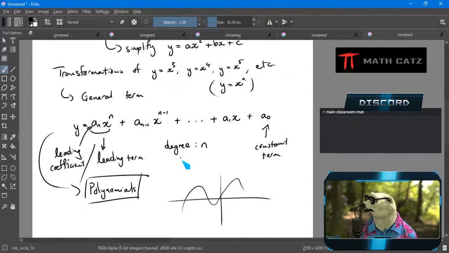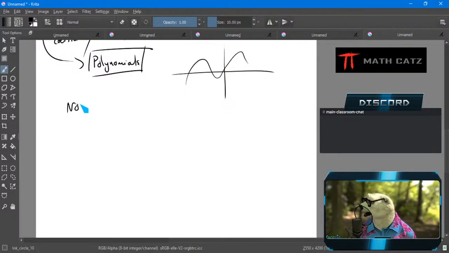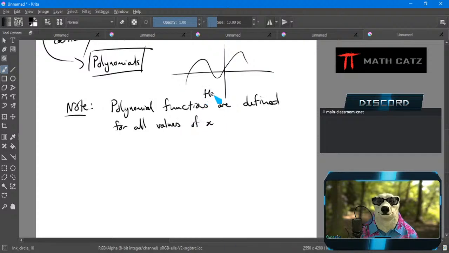So I want to note this. Note that polynomial functions are defined for all values of x. Let's call them f of x. So I've named the input as x.